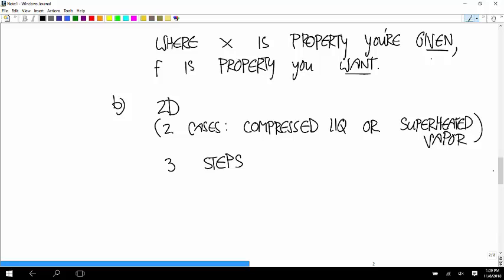The first step, it doesn't matter what order you do this in, is to calculate the function at x and y1. Calculate the function at x and y2.